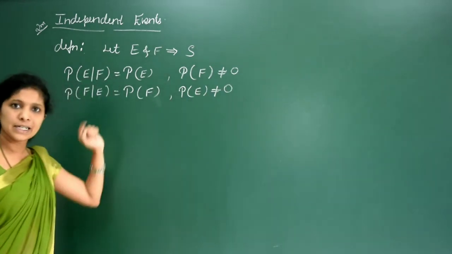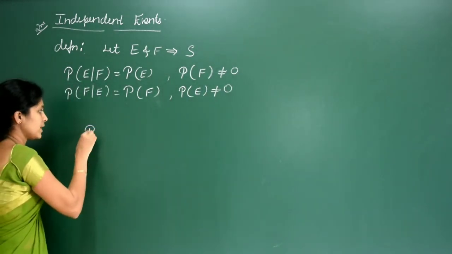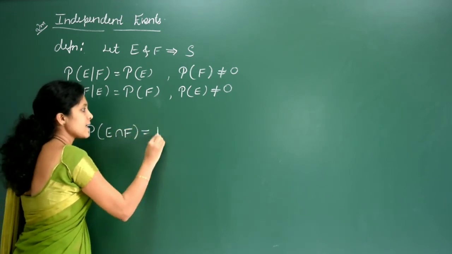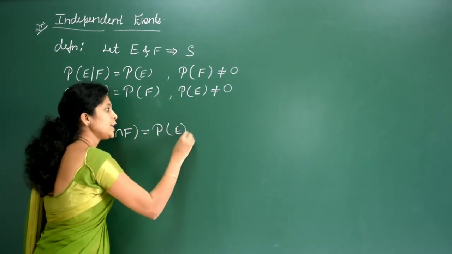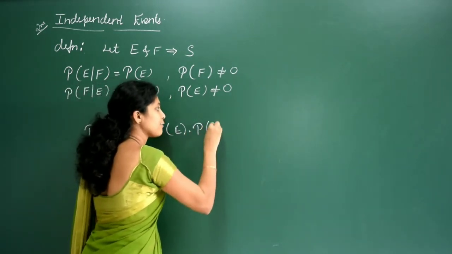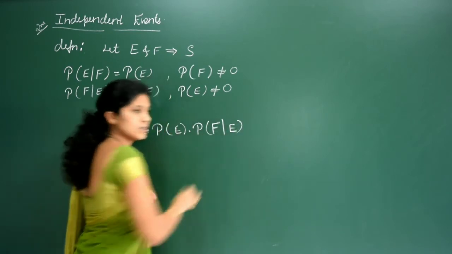Now, by using the multiplication rule, we have a formula: P of E intersection F can be written as P of E into P of F by E. Two formulas are there.